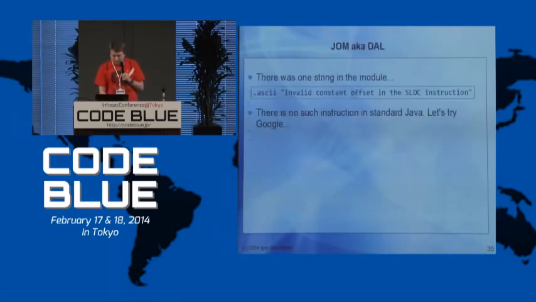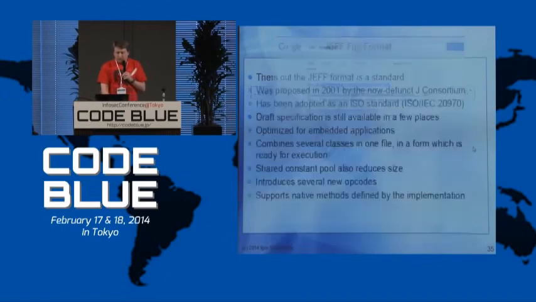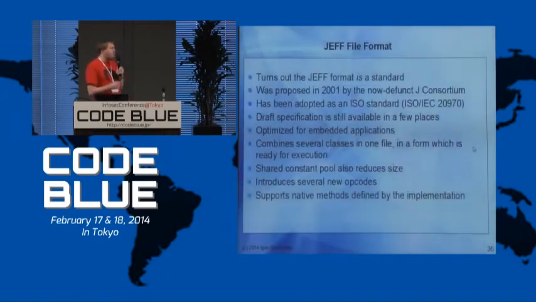And so I asked Google, and I actually got a document called the Jeff storage format. And so apparently, this Jeff format is a standard. It was proposed in 2001, and it has actually been accepted as an ISO standard.